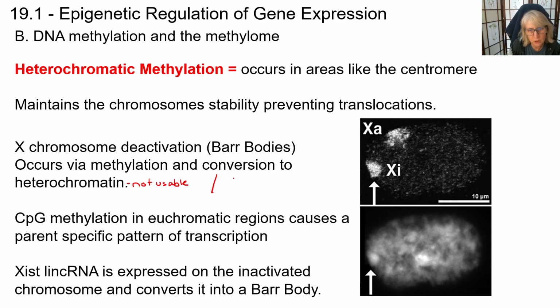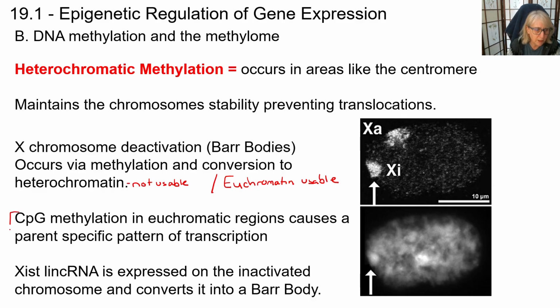If you remember, euchromatin is usable or accessible. When I cause a region that was once euchromatin to be methylated on its cytosines or its CpG dimers, I can actually cause a specific region to have a specific pattern of expression.